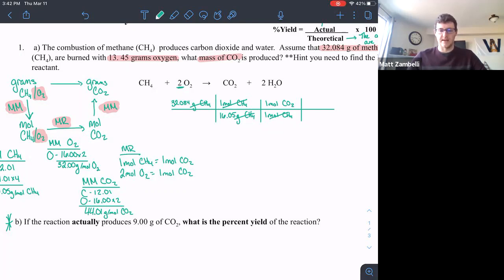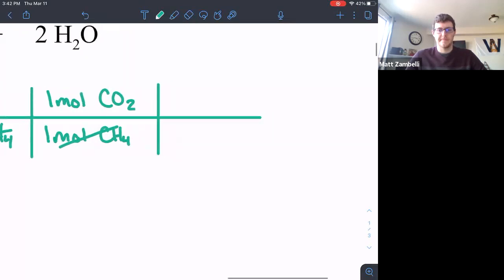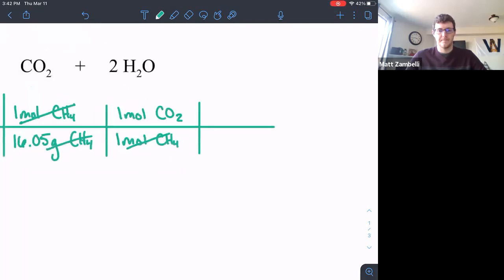We use our grams of CO2. Awesome, we're using that molar mass. Do I put the 44.01 grams of CO2 on top or on the bottom? Do I put the grams of CO2 on top or bottom?